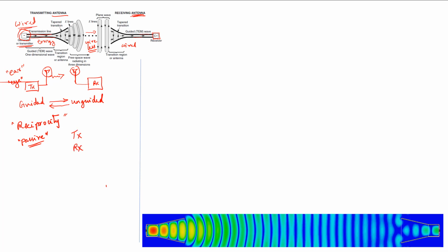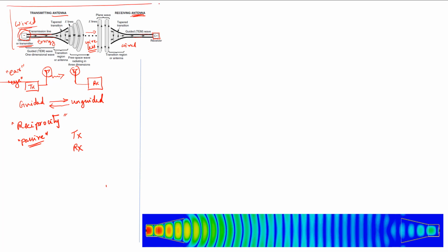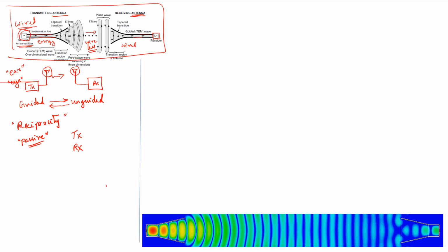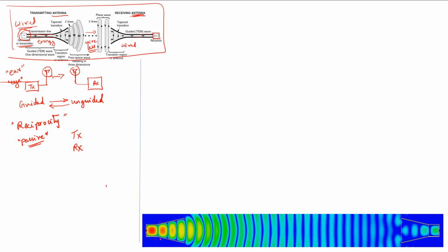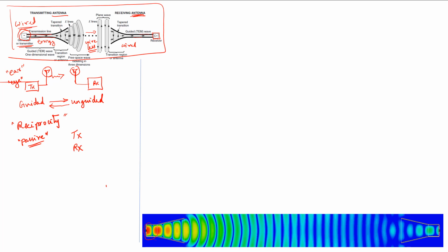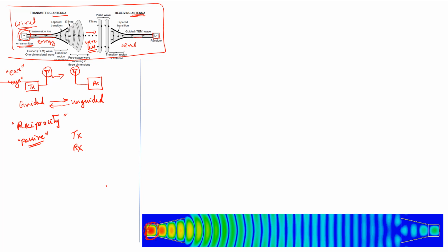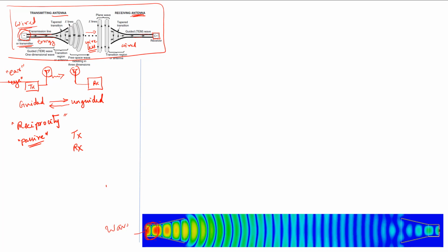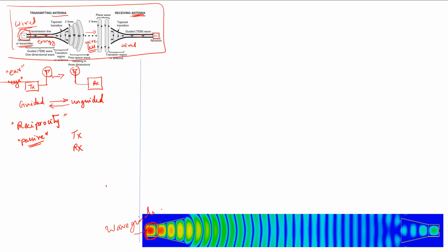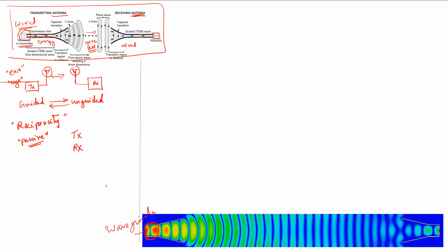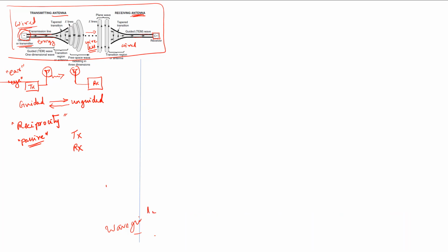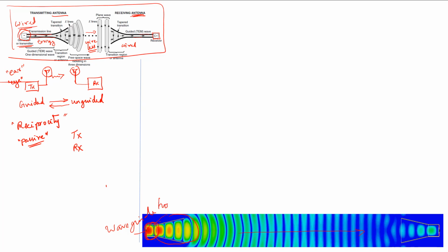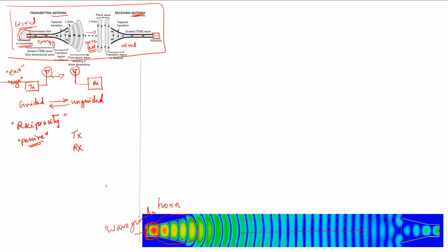an RF signal. This scenario that you see here for a typical TX-RX chain, this animation nicely captures how the propagation happens from a guided phenomenon. In this case, it's a waveguide that is being converted into unguided transmission in free space through an antenna which we call a horn antenna.